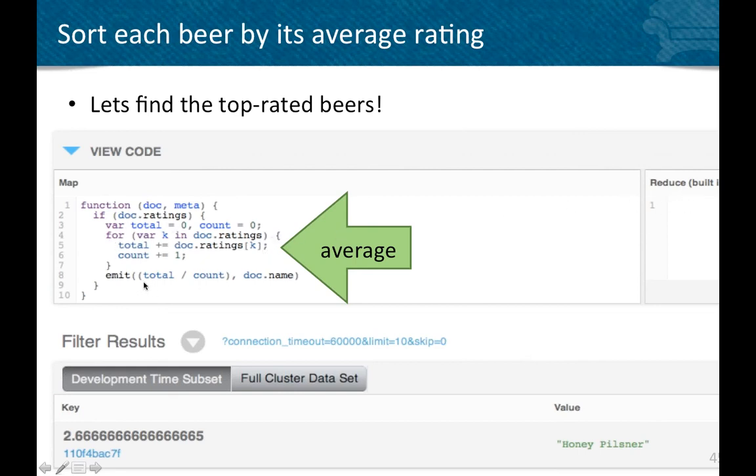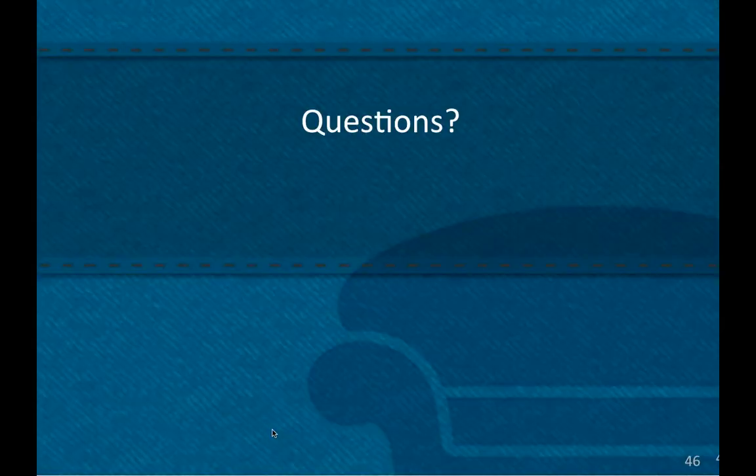So this doesn't even use a reduce function. It's as simple as building the average up inside the map function and emitting it as the key. So we can find that the Honey Pilsner is the top rated beer here, and there's more below that. So this allows you to do a single lookup to display a leaderboard to your end users.